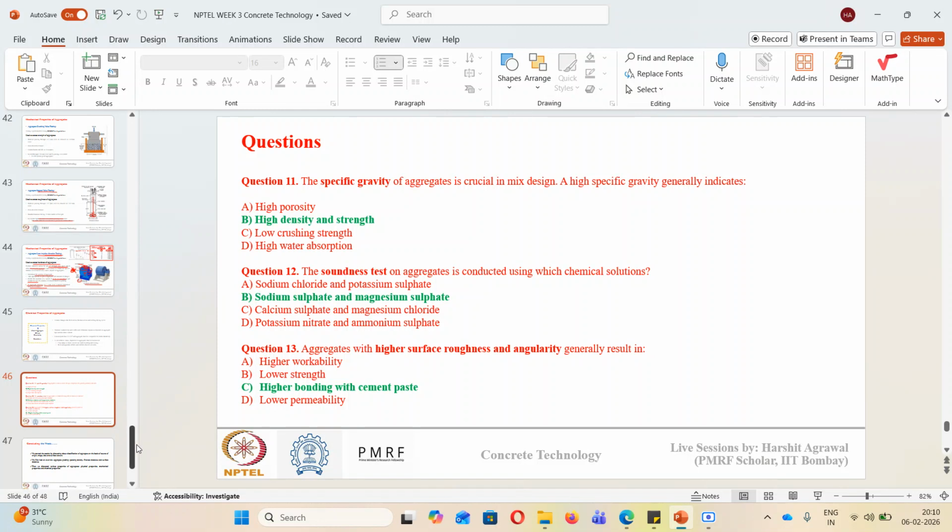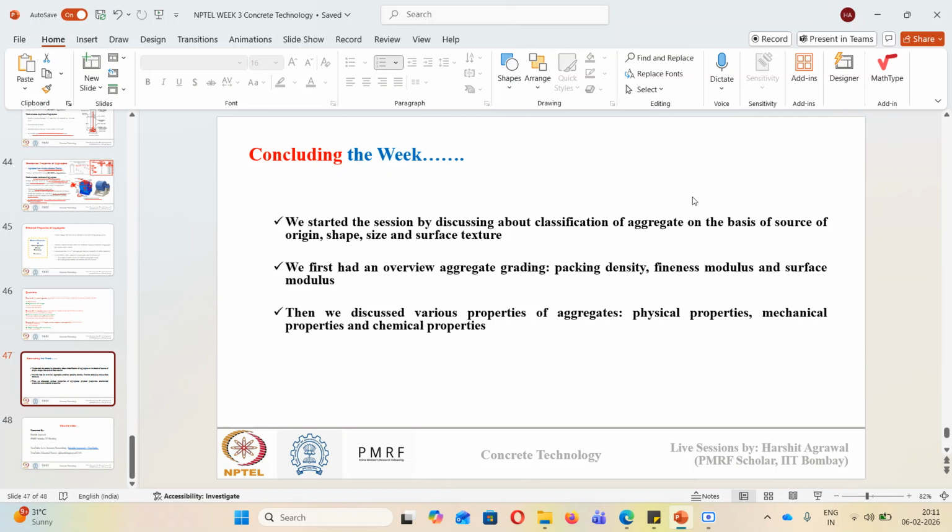So this is how we talk about aggregates: how size affects, shape affects, surface texture affects, what is packing density, what happens in a single sized aggregate system and in a multi sized aggregate system, and what are the properties of aggregates, mainly the crushing, the impact, and the abrasion property. So this was all for today.